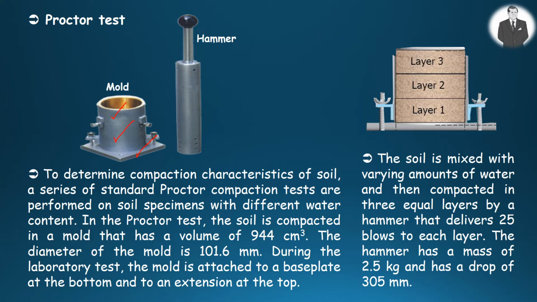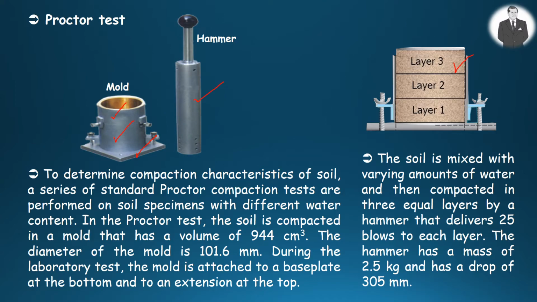The soil is mixed with different amounts of water and then compacted in three equal layers by means of a hammer that delivers 25 blows to each layer.